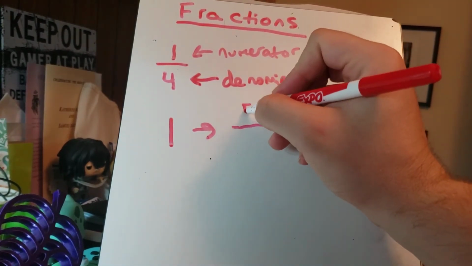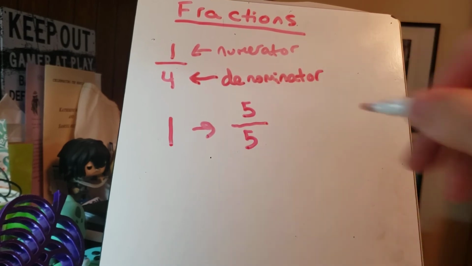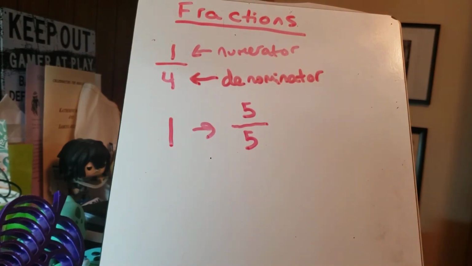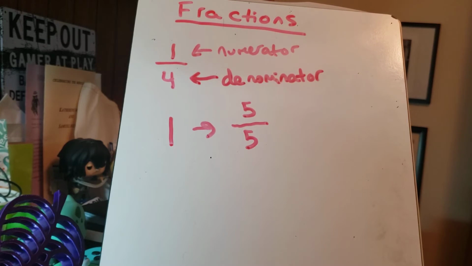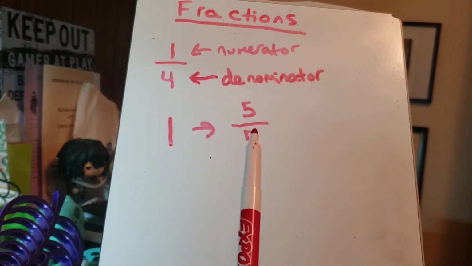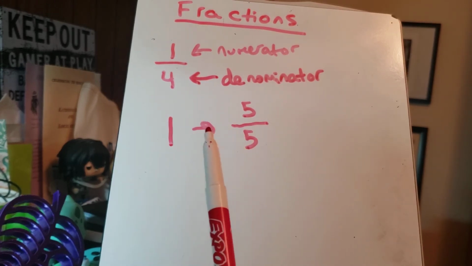So for instance, if I wrote 5 on top and 5 on the bottom, that's 1. If you typed 5 divided by 5 into your calculator, 1 is what the answer would be. So whole numbers can also be written as fractions. Any number you can think of can be written as a fraction. That's good to know moving forward with algebra.